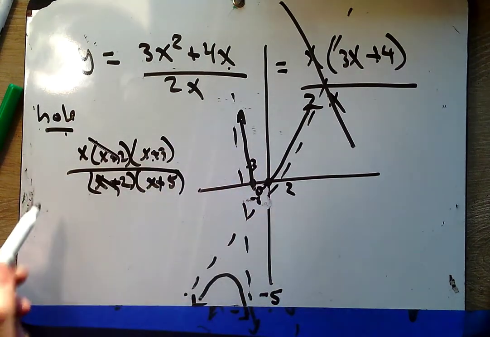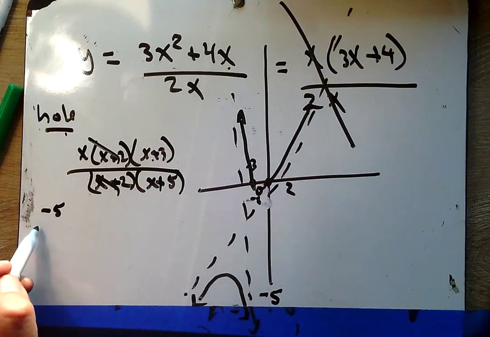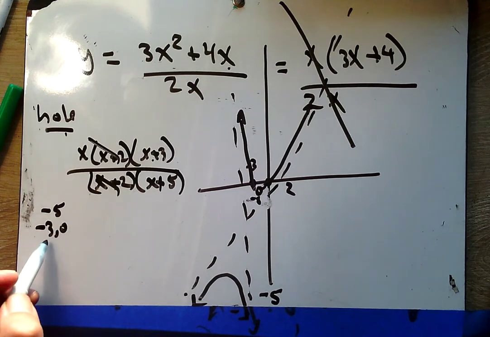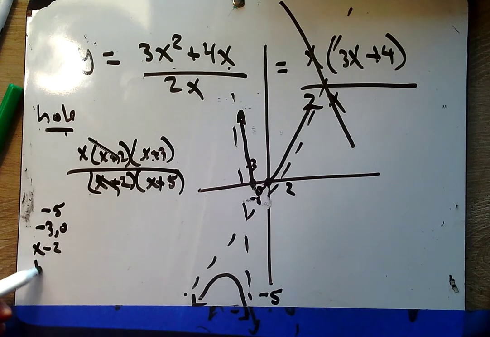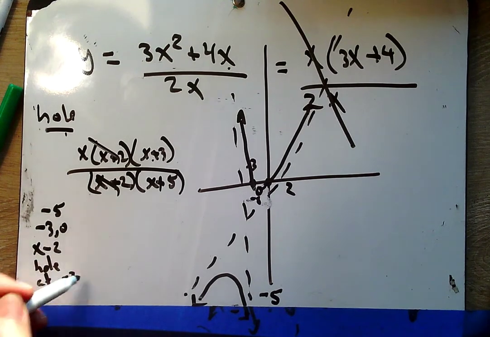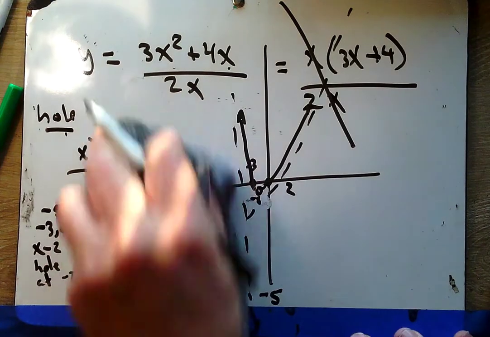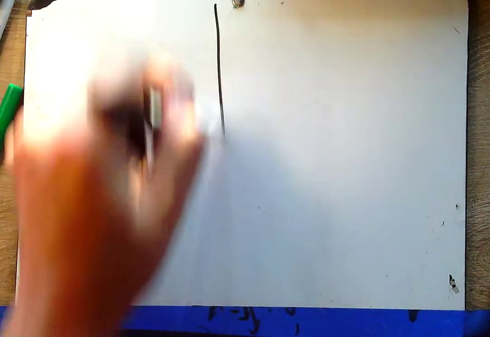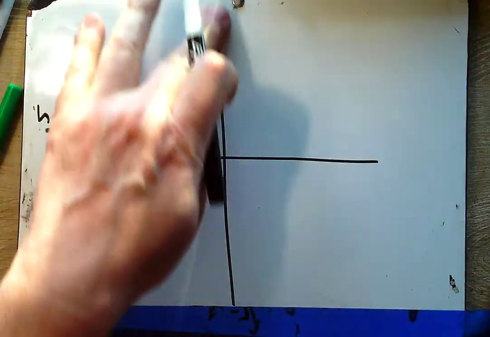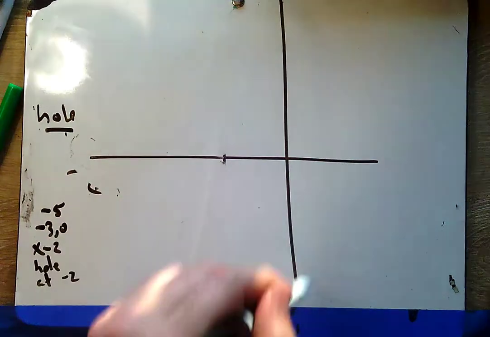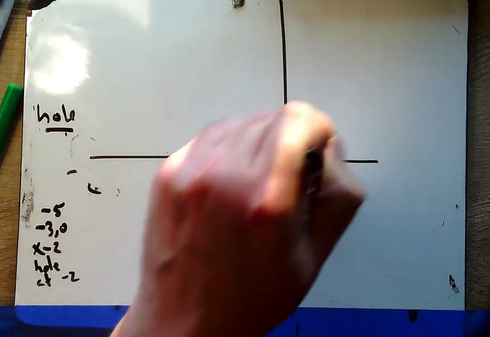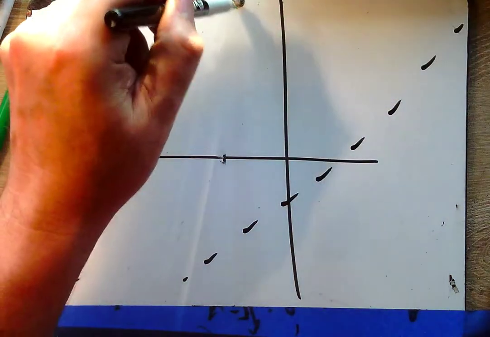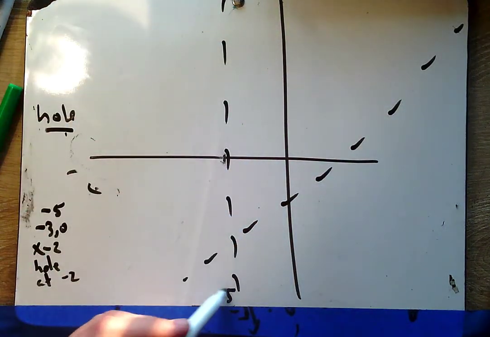I don't want to forget the information. -5, -3 and 0, x minus 2, and a hole at -2. So give ourselves a little more space and see if we can get this looking a little more like we'd like it. So I'm going here, and I'm going here with -5.